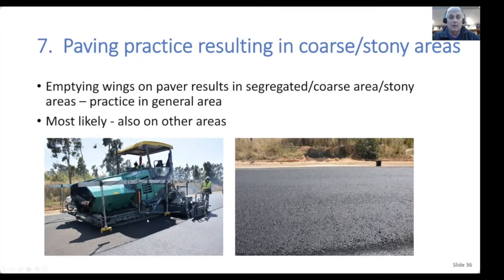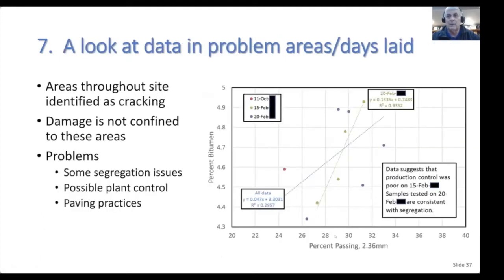Then I walked behind the paving machine, waited until they'd paved this spot about here, and took this photograph across, and we end up with this. Clearly you can see the segregated material in the pavement here as they empty their wings and pave on it. And most likely, this was one of the practices that had resulted in some of those other failures.